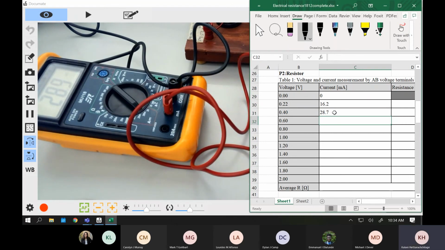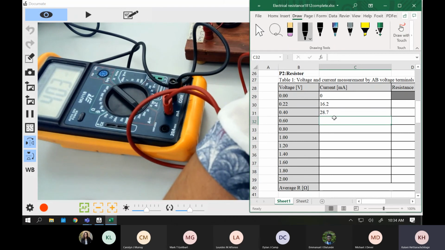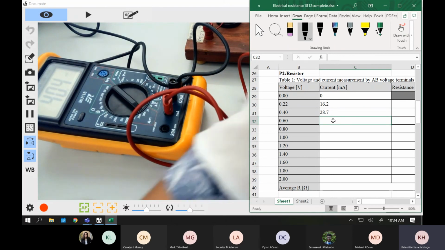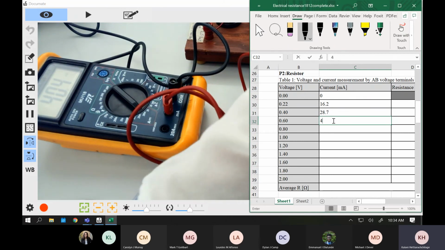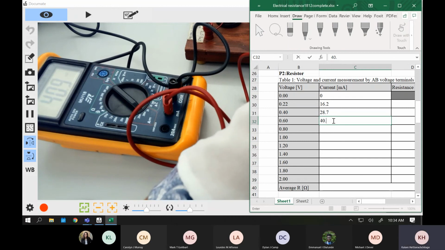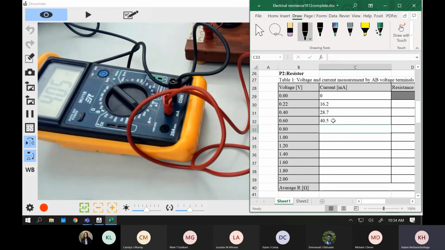And then move into the 0.6. Just keep changing, don't worry too much. Just type the number closer to that, the best number you can have. It's nothing to worry too much.